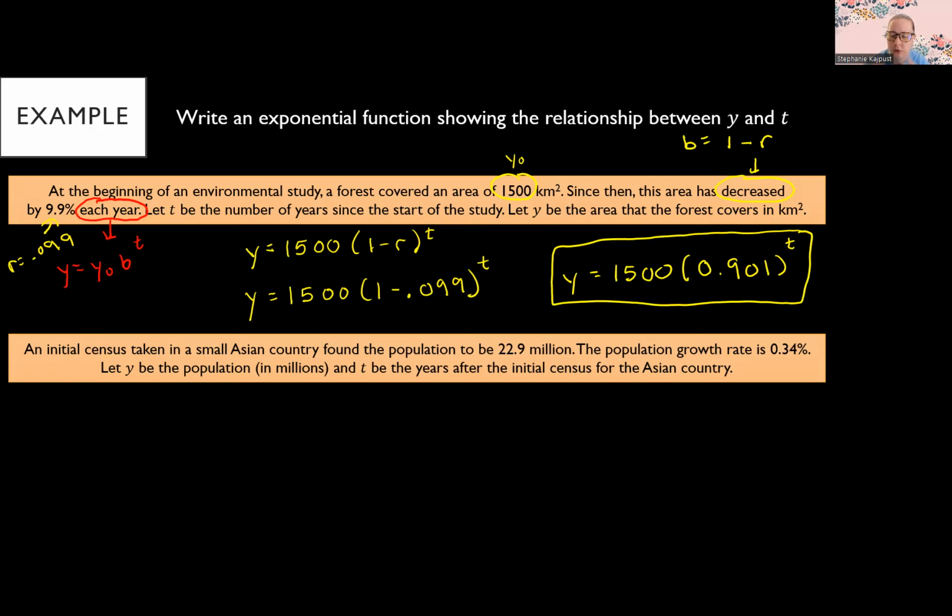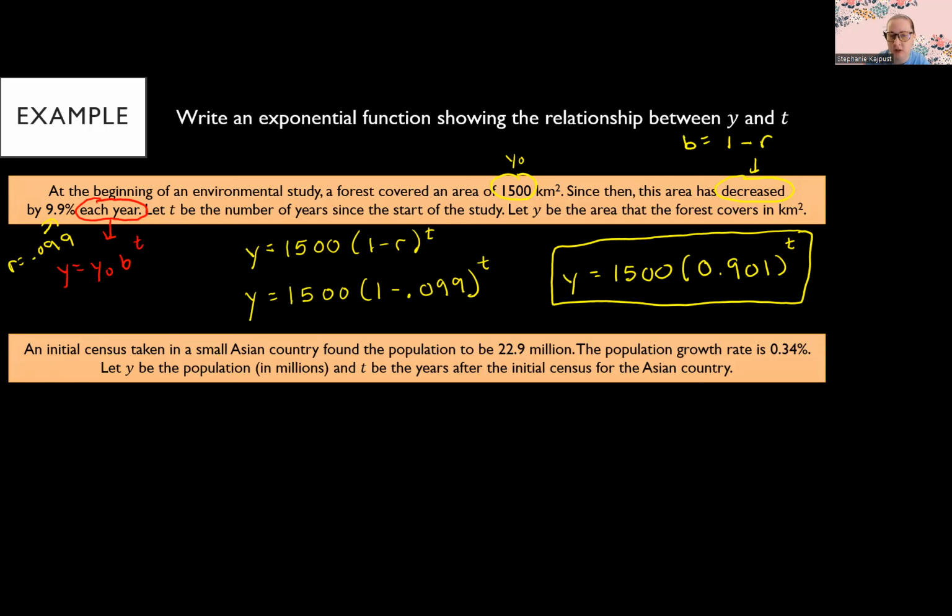So to recap here, first thing, I looked to see if it had the word continuous anywhere, and then I looked to see if it told me how many times we're decreasing or increasing. And it said each year, so that tells me that it's not continuous.